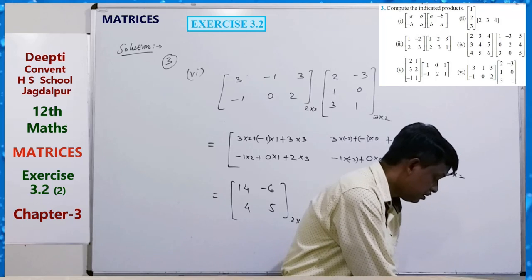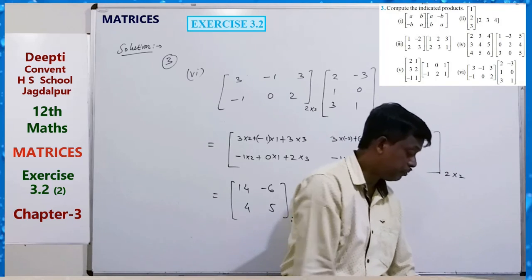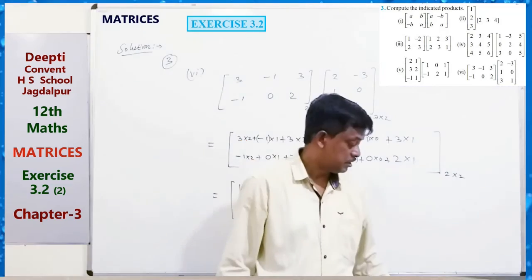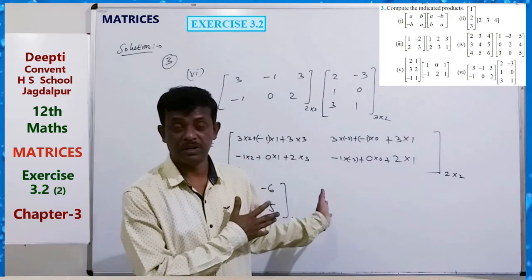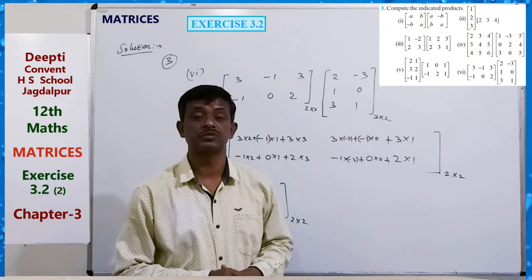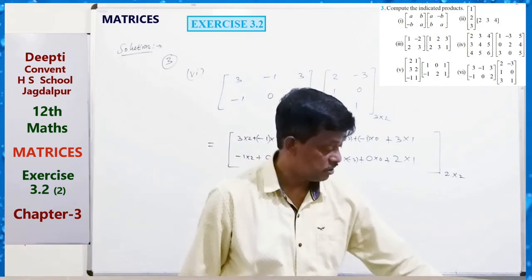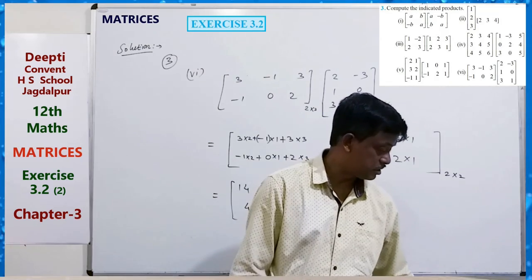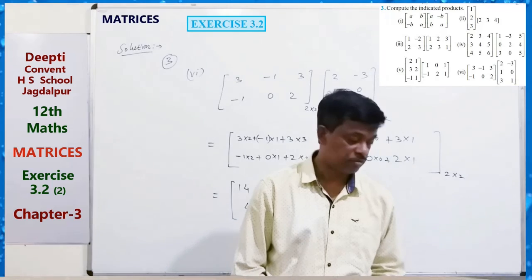The fifth question I will discuss in the next class. Complete the multiplication process, do the examples in your notebook, and send me some of the solutions from your notes for your attendance.